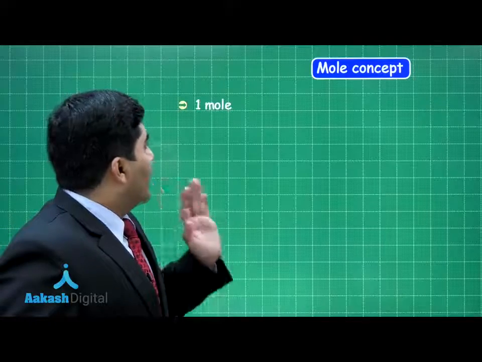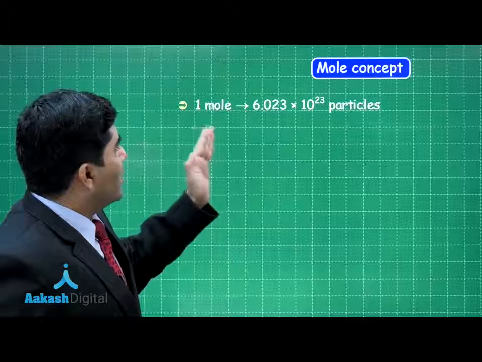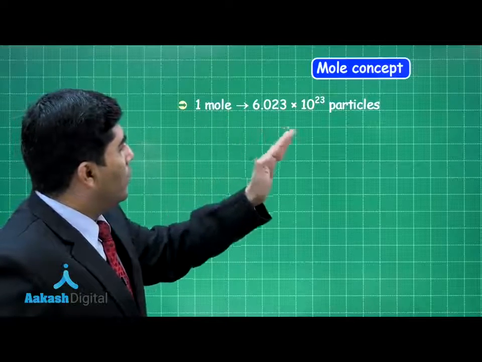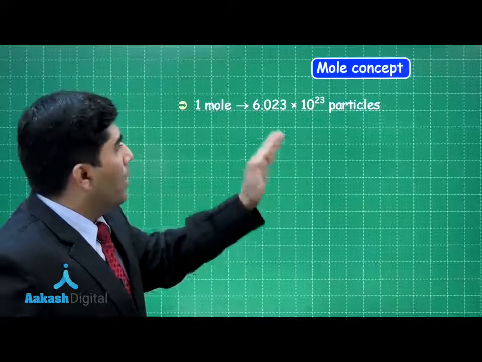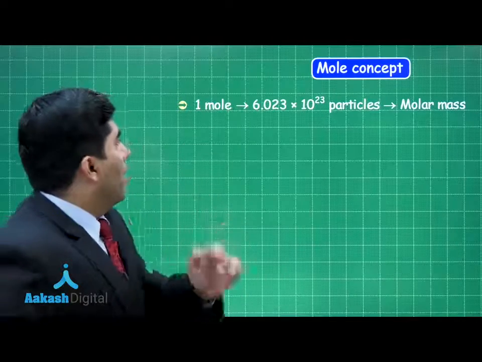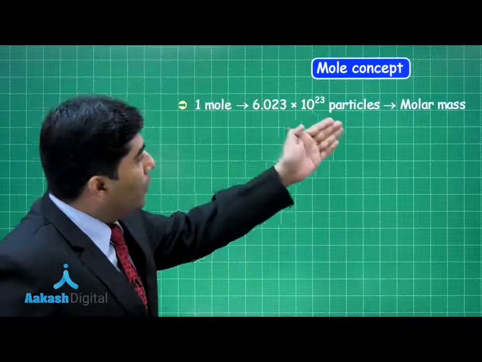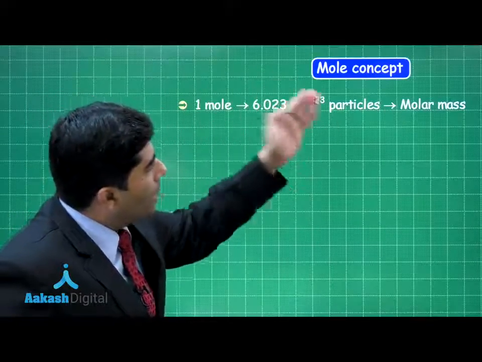Now, the conclusion is 1 mole is 6.023 into 10 to the 23 particles, and whenever any substance has this many particles, its mass will be equal to its molar mass.